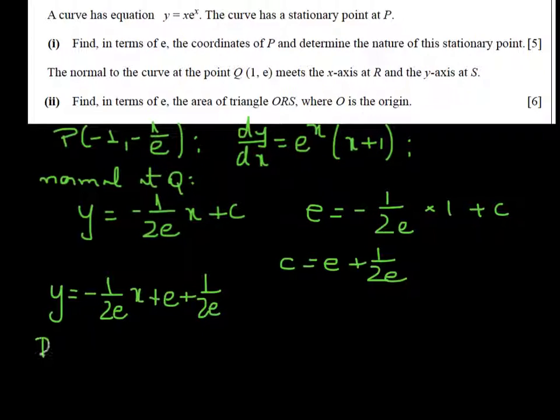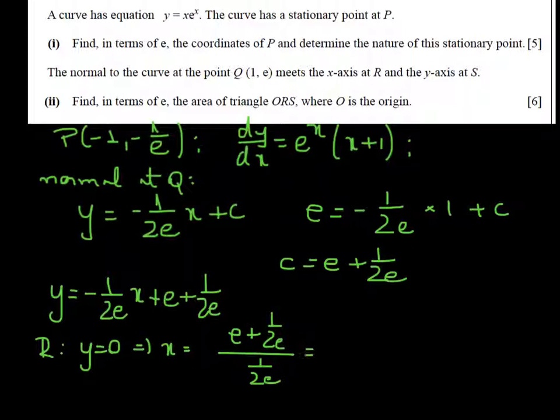Meet the x-axis at R. For R, if it's on the x-axis, y equals 0, therefore x equals e plus 1 over 2e, over 1 over 2e, giving me 2e squared plus 1 over 1. So R has coordinates 2e squared plus 1, 0.